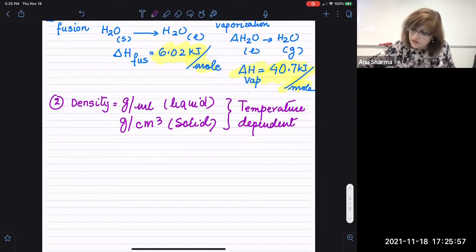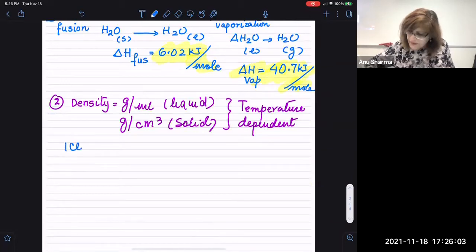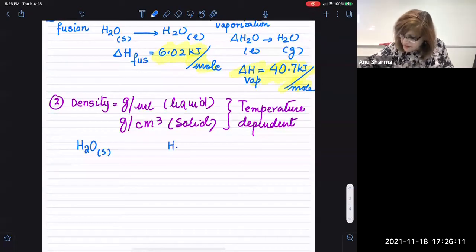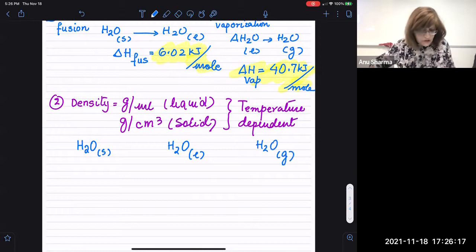So we have here the density of ice. Let's just do water in a solid state, water in a liquid state, and water in the gaseous state. What is the density of water in an ice state?